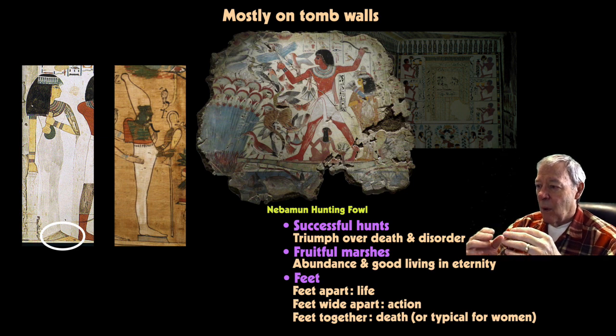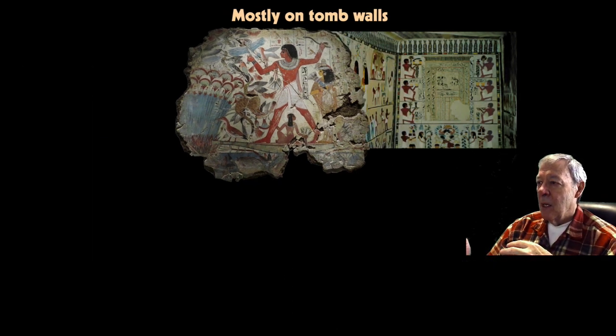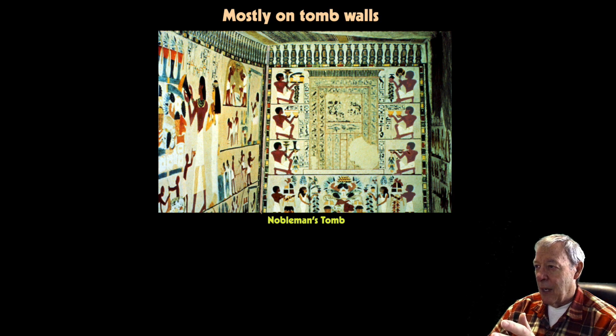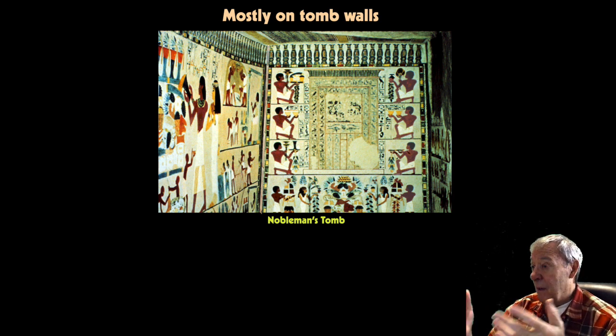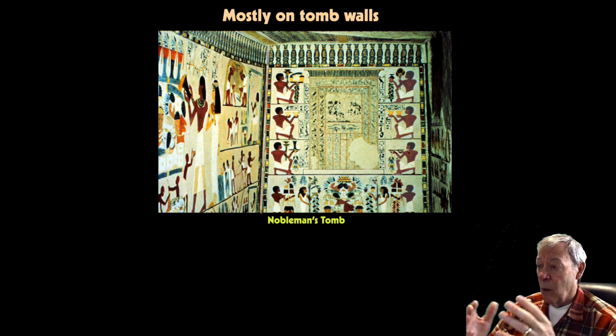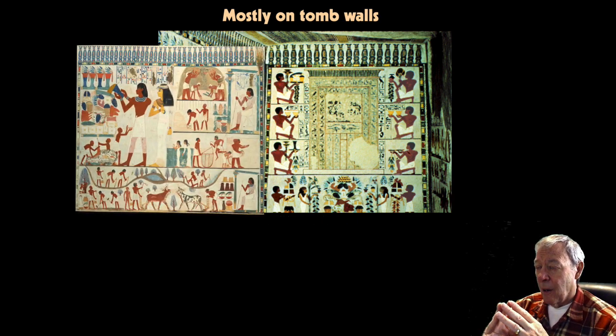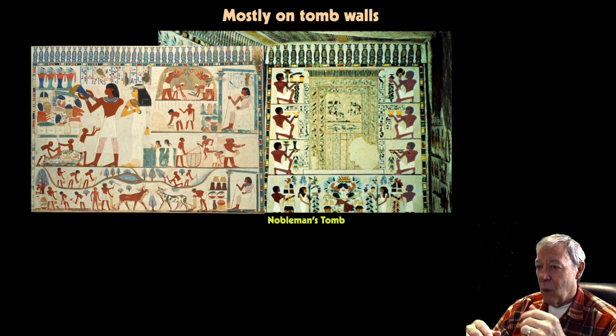Okay, now for the nobleman's tomb. So this is an interior that has been well preserved, as you can see, and is filled full of fresco secco painting. Now we want to look first of all at the side wall here. What this represents, of course, is a nobleman's farm, a very fruitful farm.